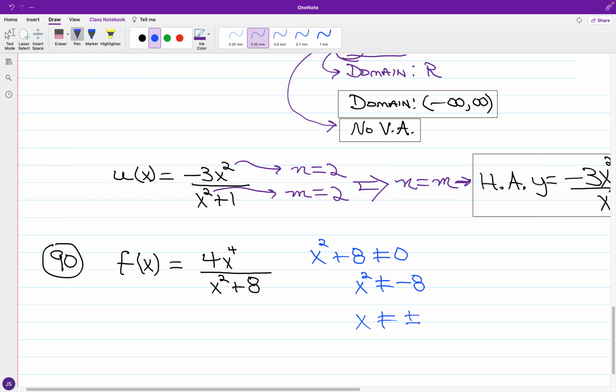So for x, if we're saying that x squared cannot be -8, we are in effect saying that x cannot be equal to plus or minus the square root of -8.